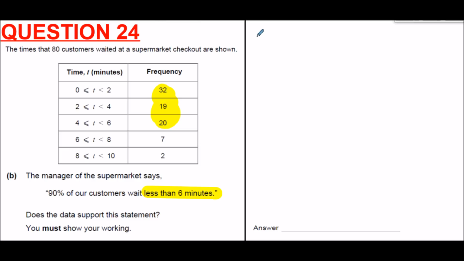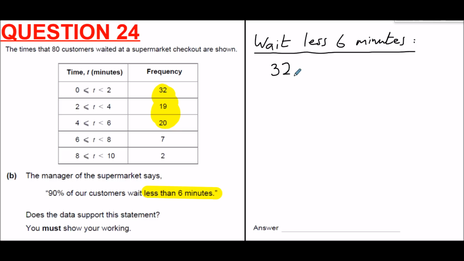And so how many wait less than 6 minutes? Let's just total all this up. We've got 32 plus 19 plus 20 customers waiting less than 6 minutes.